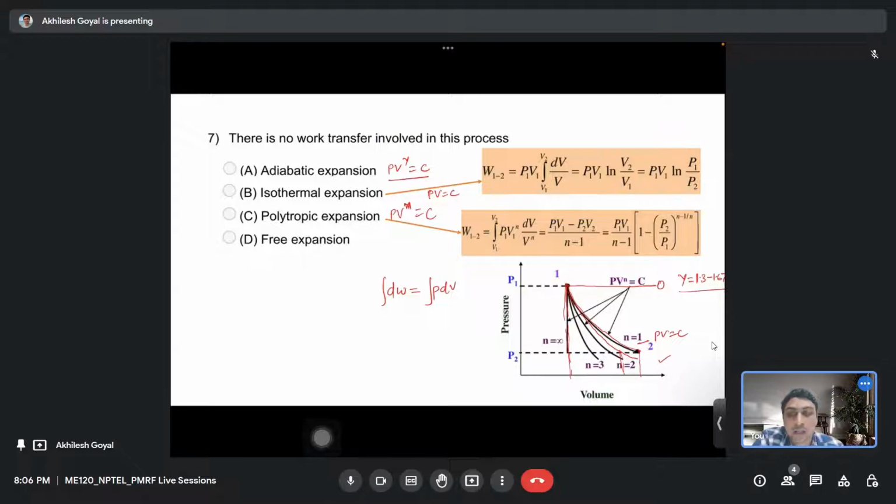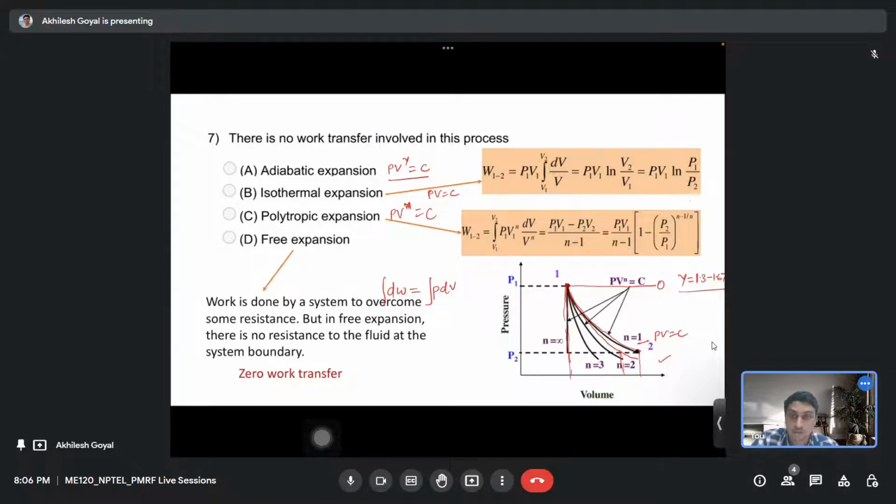If we consider the final option, free expansion: in free expansion there is no resistance to volume change, the expansion happens without any resistance, and work is always done to overcome resistance.